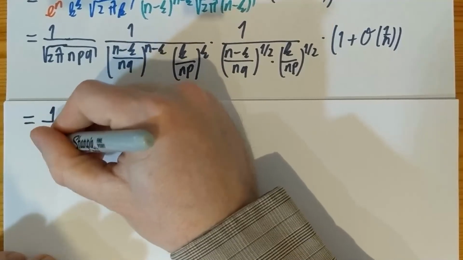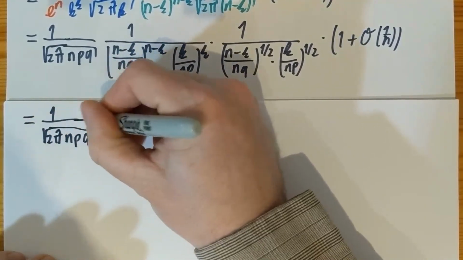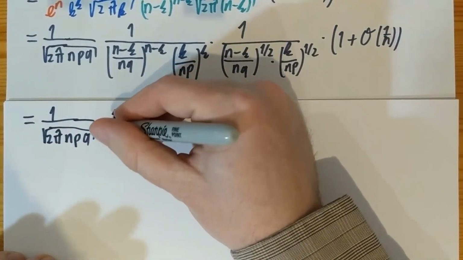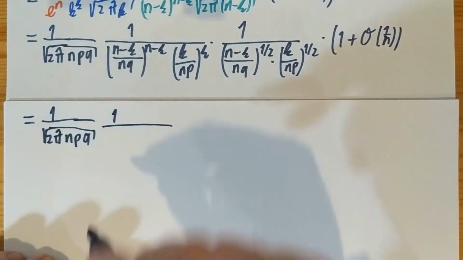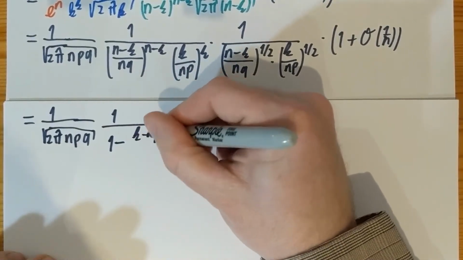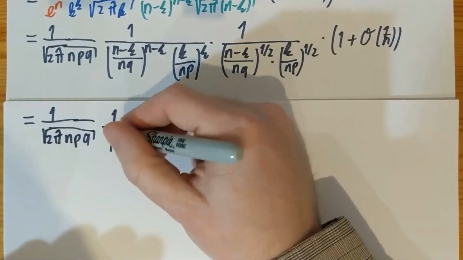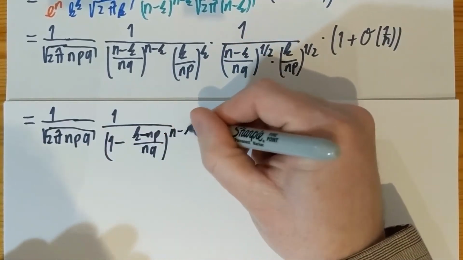So 1 over root 2 pi npq, that's the constant in front, and then the first parenthesis here I'm going to write as (1 minus (k minus np) over nq), and this is raised to the n minus k.